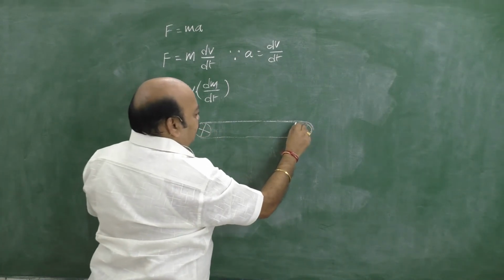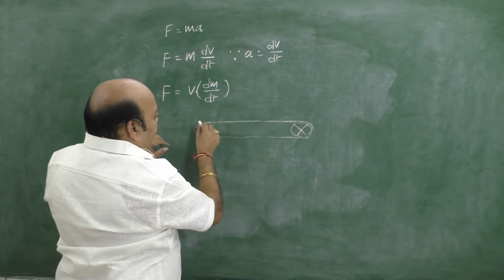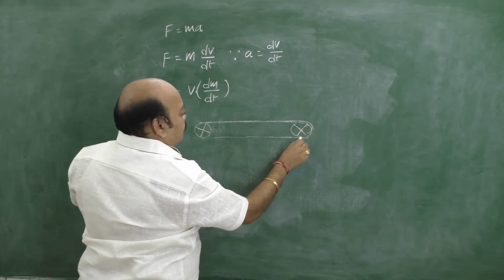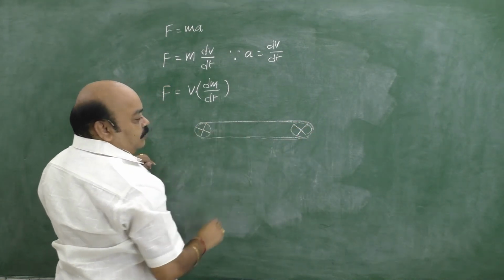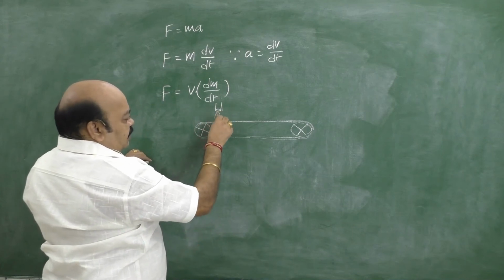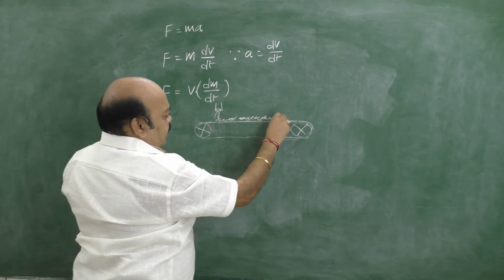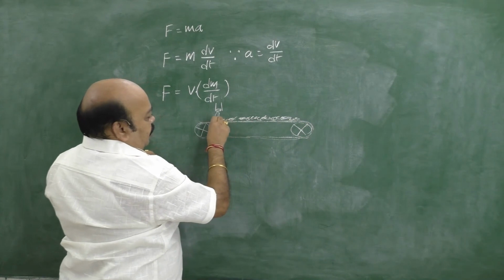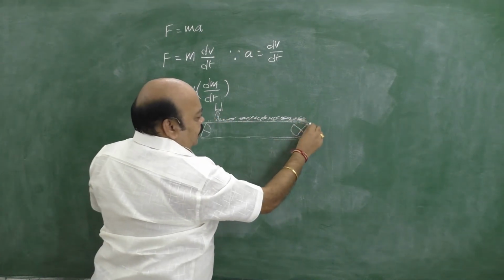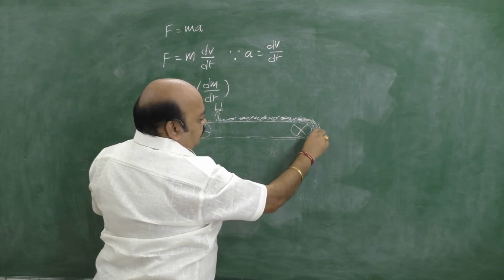This is the situation. When these wheels are rotating, the belt is also rotating. When gravel is falling vertically on the conveyor belt, it collects granules, sand, cement, whatever it is, so that we can collect it at the other end. This is called a conveyor belt.